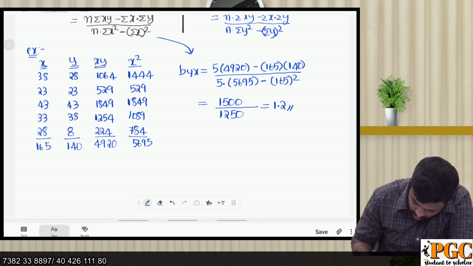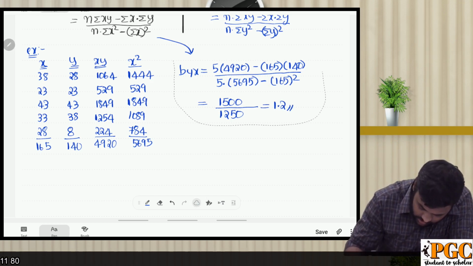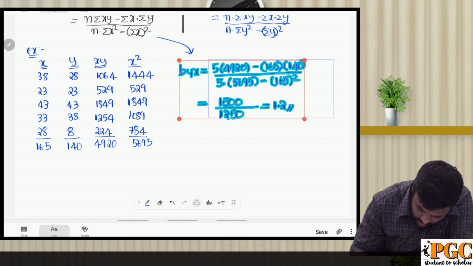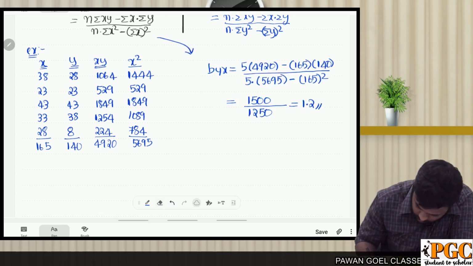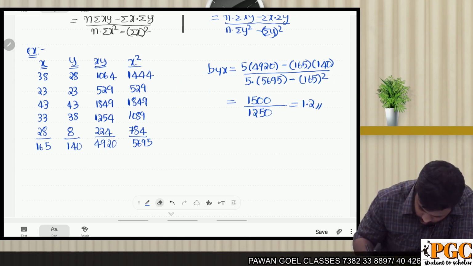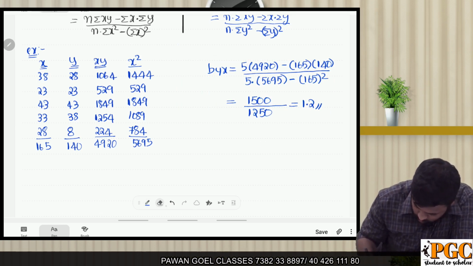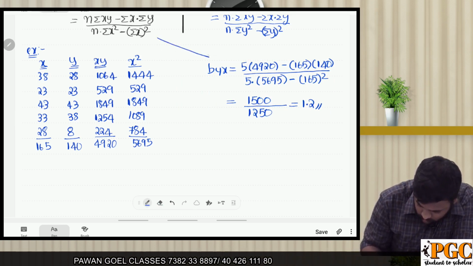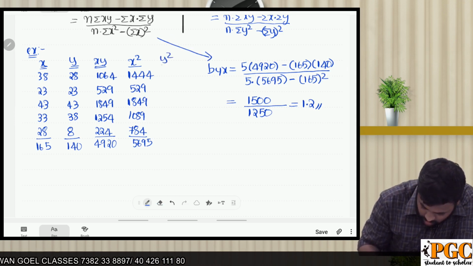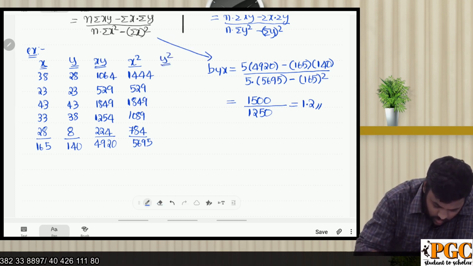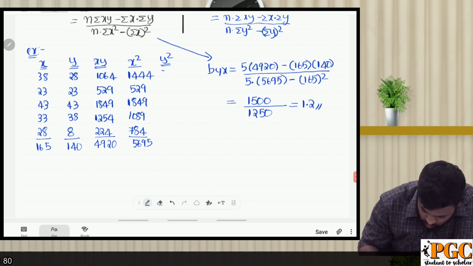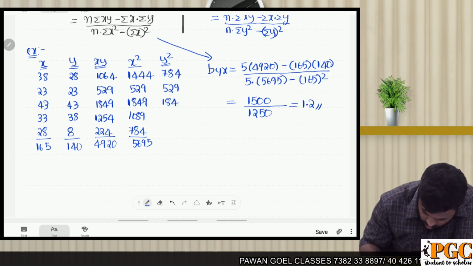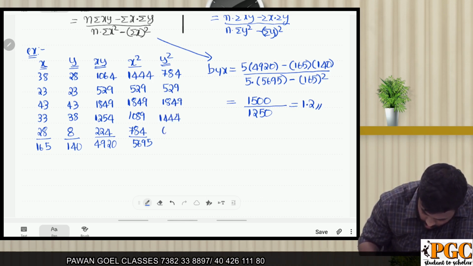Now in the same way, let us even compute bxy as well, and let us see what is going to be the resultant. Now y square, my dear friends: 28 square 784, 23 square 529, 43 square 1849, 38 square 1444, 8 square 64.